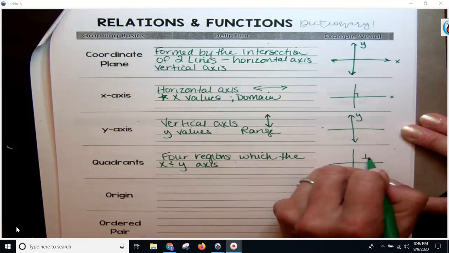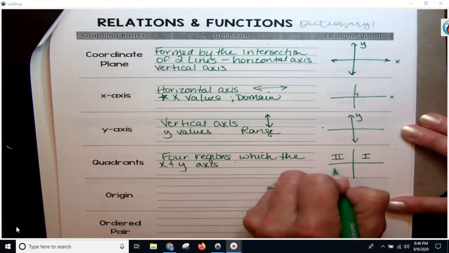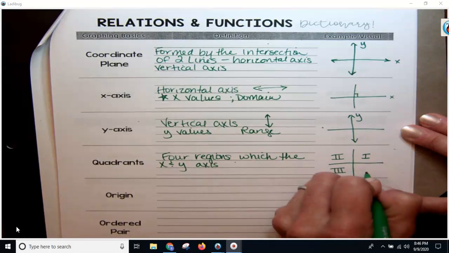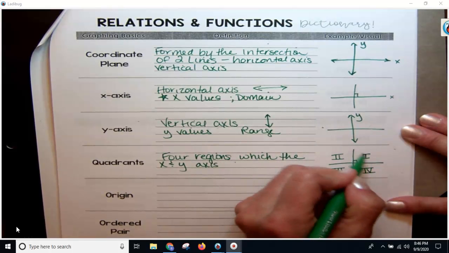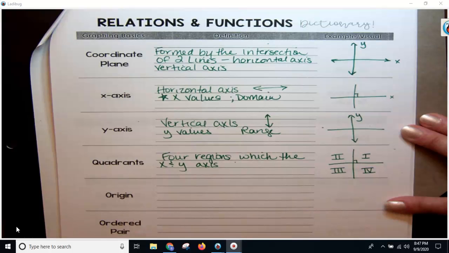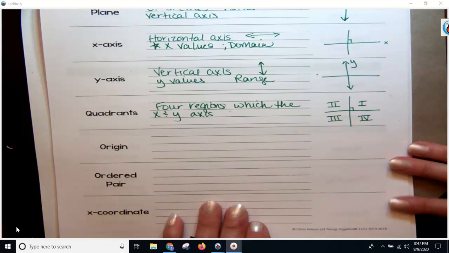Okay, so here's your quadrant 1, quadrant 2, quadrant 3, and quadrant 4. So notice that these go in this direction, okay? That is important.